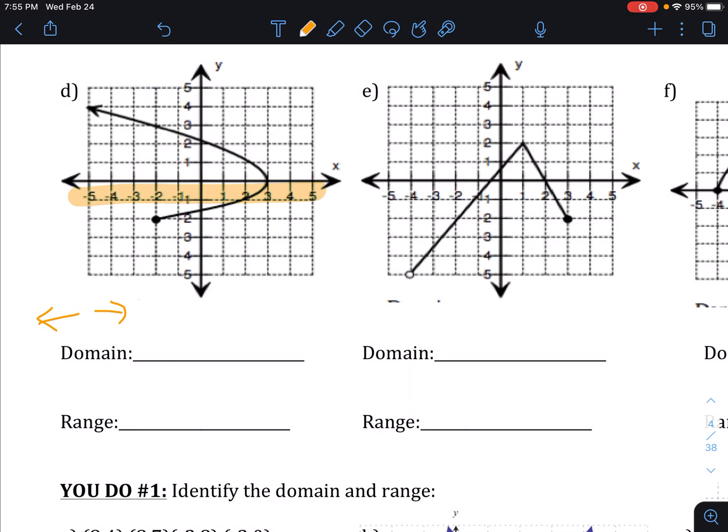It's going left forever, so don't put -5. It's going into the negative territory forever, so that would be -infinity. And whenever you have an infinity, don't put a square bracket. It actually gets a parentheses. And then how far to the right does it go? Right here at 3.